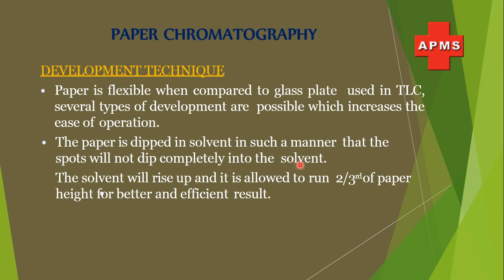If it is dipped in the solvent, it will diffuse into the solvent and be removed from the paper, so we will not get proper results. The solvent will rise up and is allowed to run 2/3 of the paper height for better and efficient results. So when the mobile phase goes from the initial line to the solvent front, that height should be 2/3 of the paper height used.